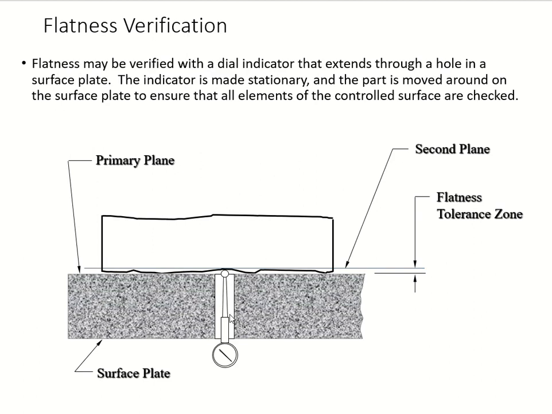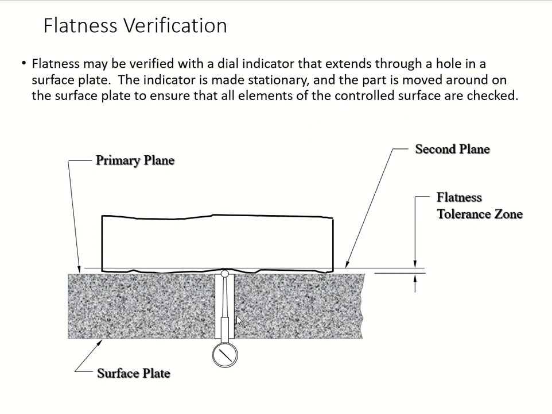So flatness, how do we measure? You can verify or inspect the flatness by using a dial indicator. We're going to extend that device right through a hole. Here is your hole in a surface plate.